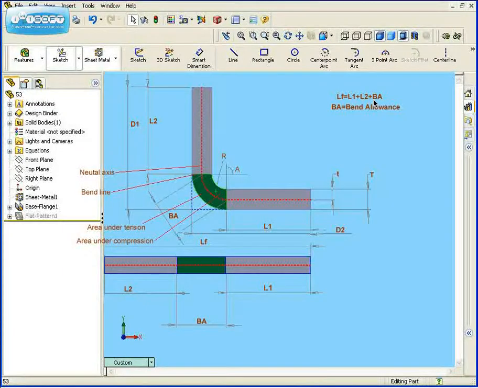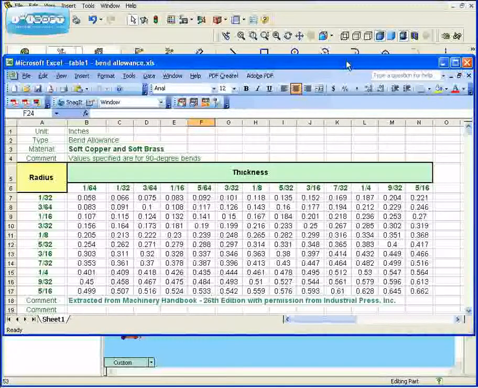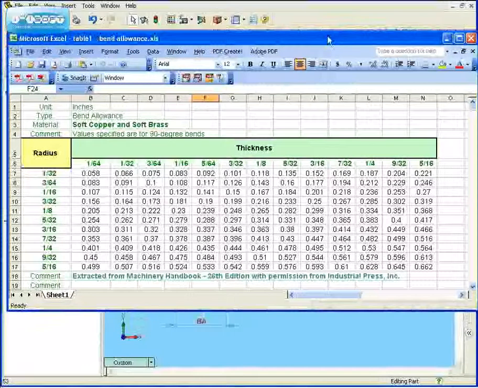The list of variables is really endless. The value of bend allowance that comes from sheet metal suppliers, engineering books, etc., is provided in bend tables and looks something like what you see on your screen here.